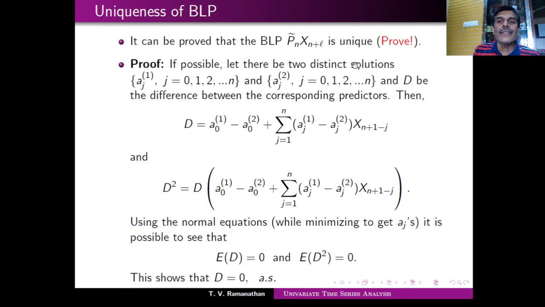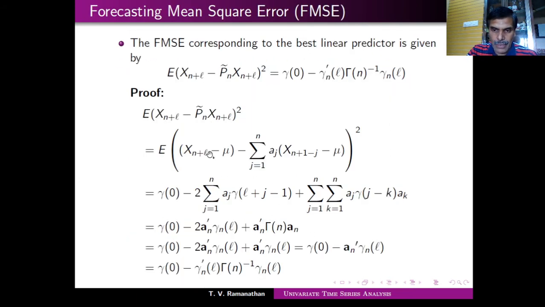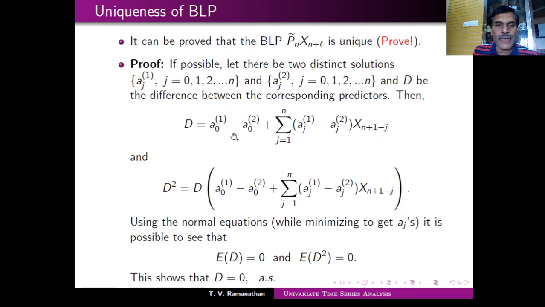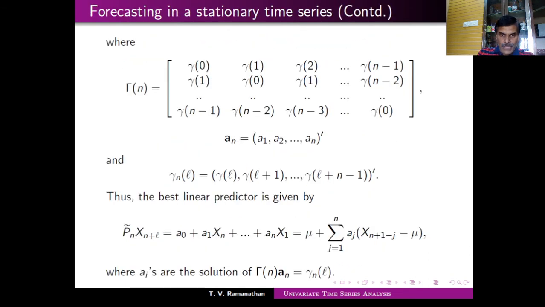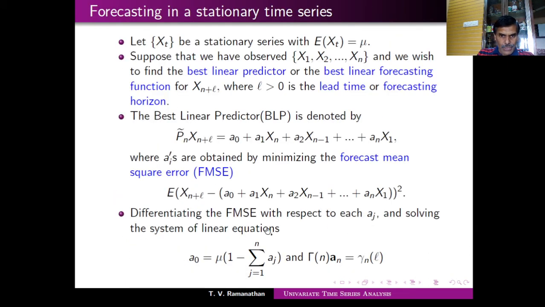So if possible, there are two distinct solutions, a_j1 and a_j2. What you need to do is take the difference between them. If you take the difference, you can see that it turns out to be a_01 minus a_02 plus the sum of (a_j1 minus a_j2) x_{n+1-j}. Now if you start computing, you remember the normal equations.